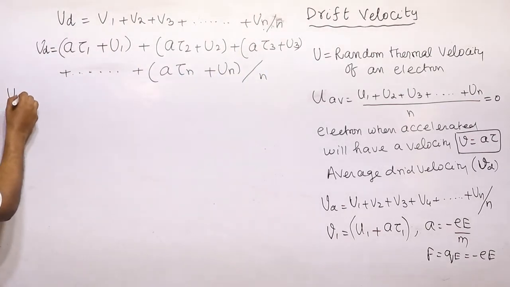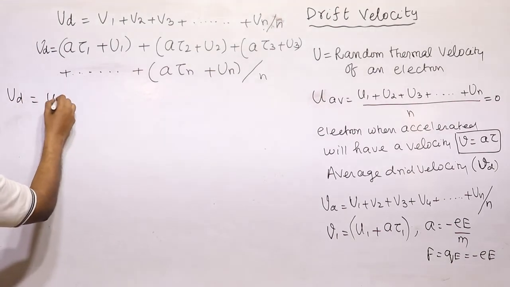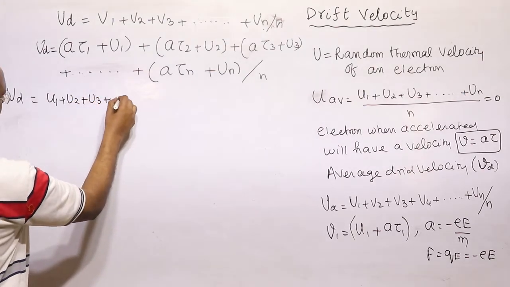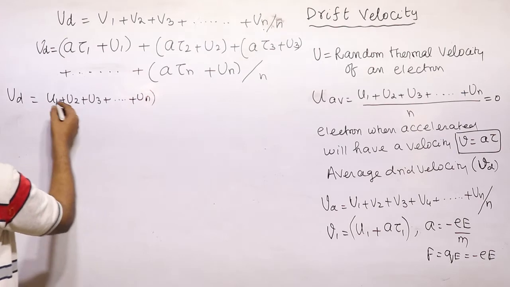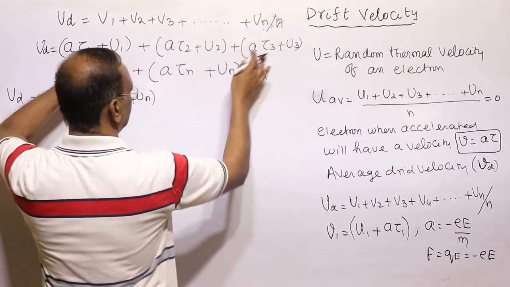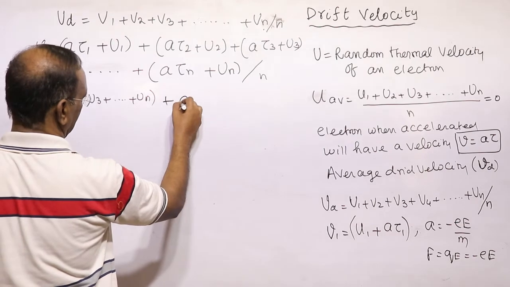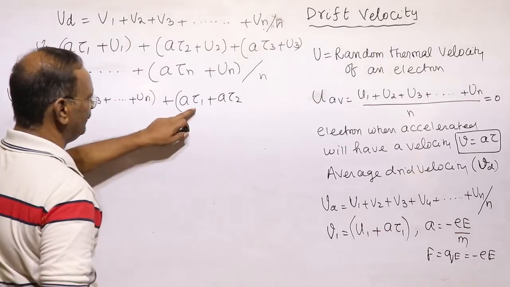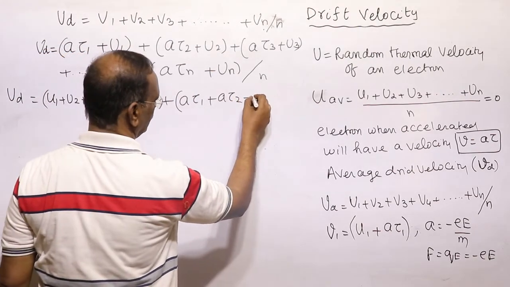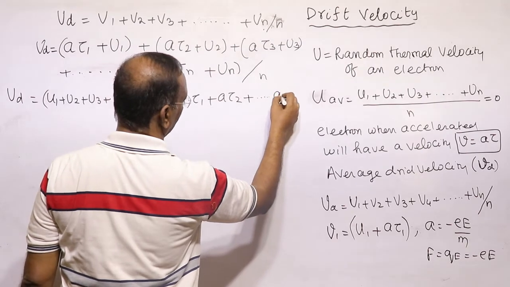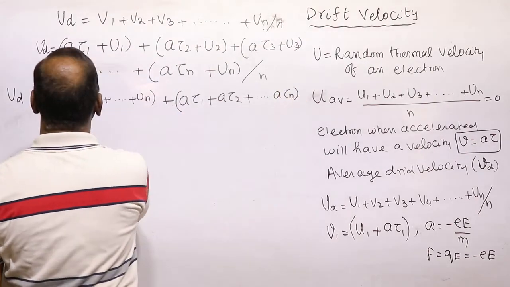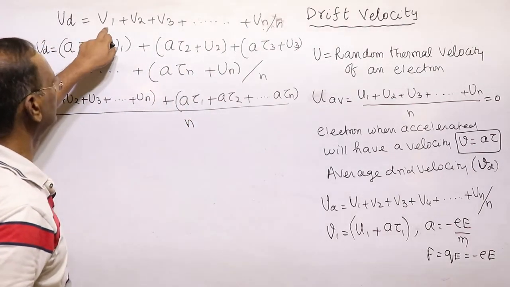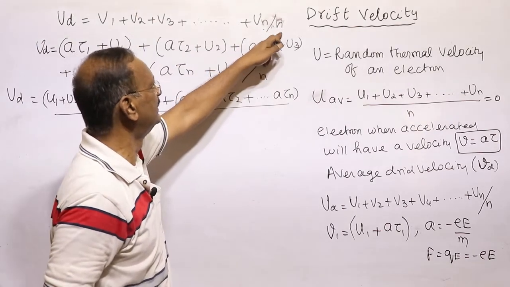Our drift velocity we can write V is equal to U1 plus U2 plus U3 plus Un, plus A into tau 1 plus A into tau 2, where these are the time periods for the first, second, third and so on electrons, plus A into tau n, divided by n, because the average velocity is obtained by adding all this and dividing by the n number of electrons.